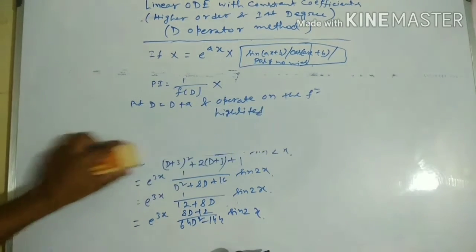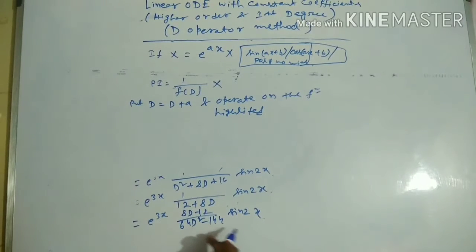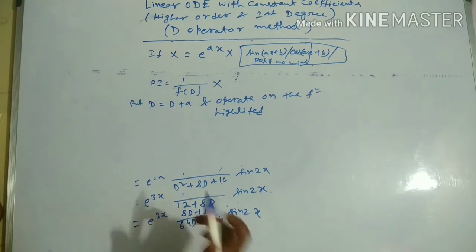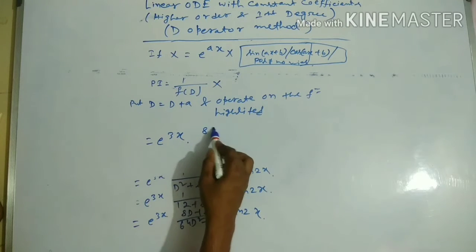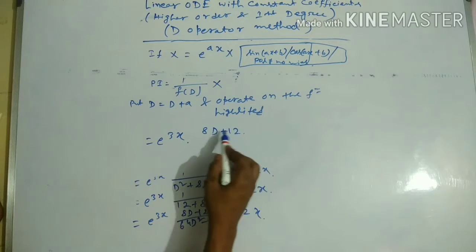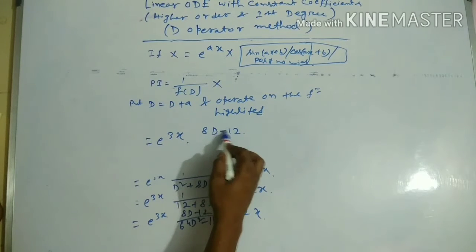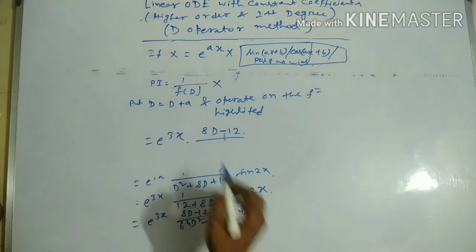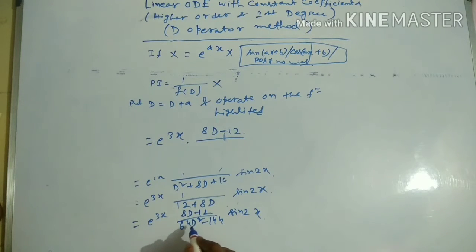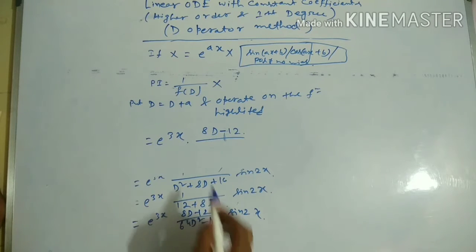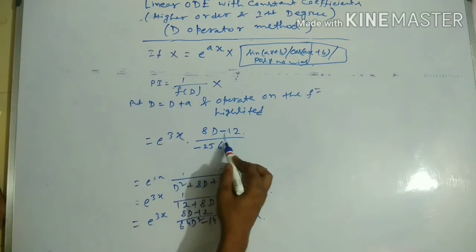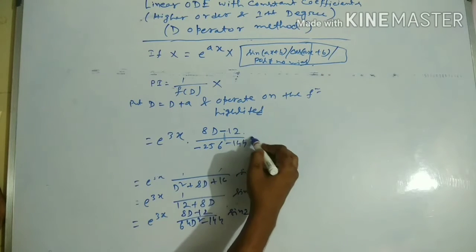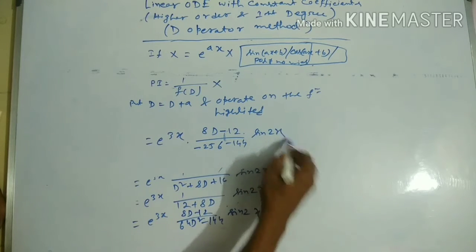Now here we can put minus 4 in place of D square, that is e to the power 3x into 8D minus 12 by minus 4 multiplied by 64, so this will be minus 256 minus 144, operating on sine 2x.